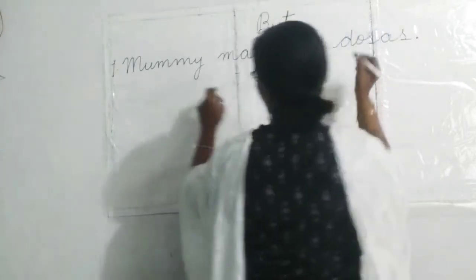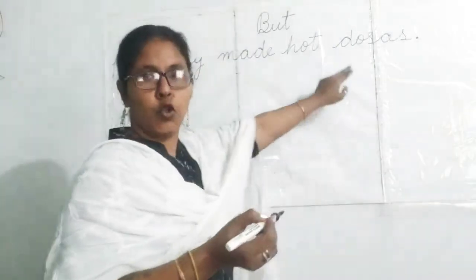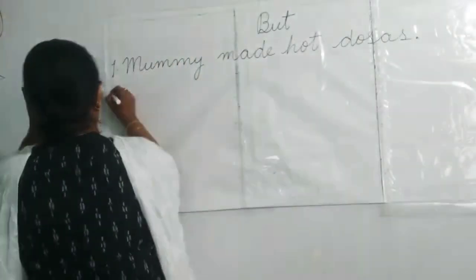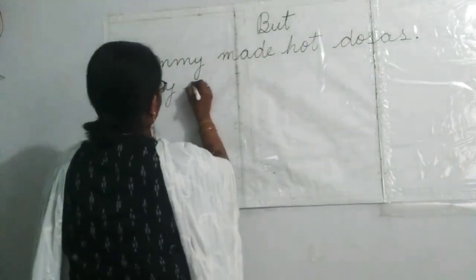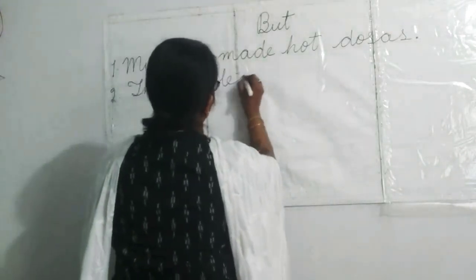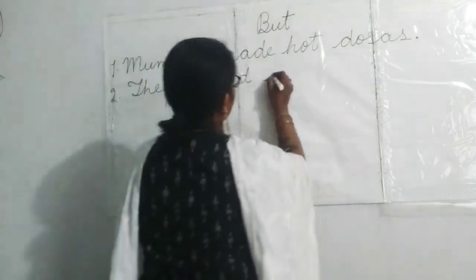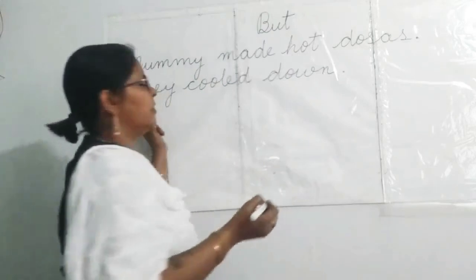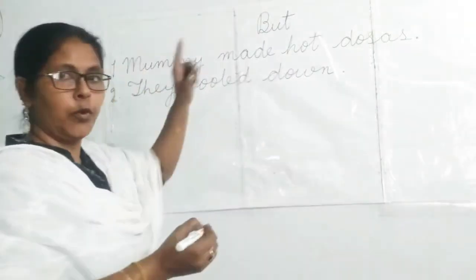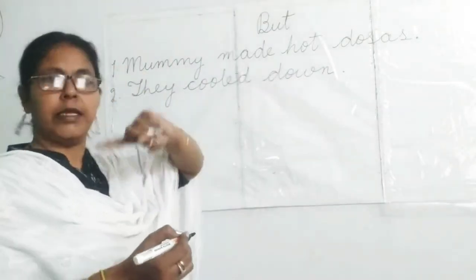Mummy made hot dosas. Second sentence. They cooled down. So I'm going to use but now and make it a single sentence.